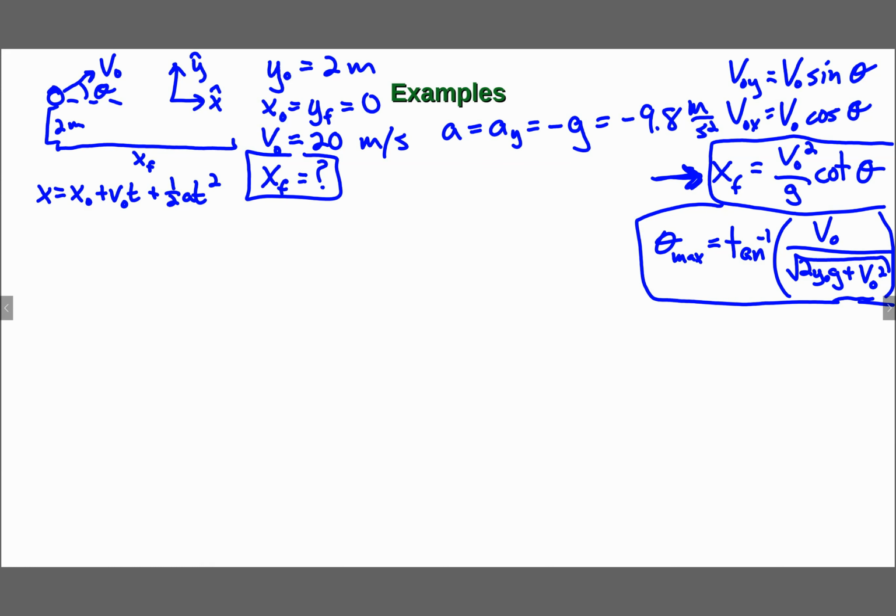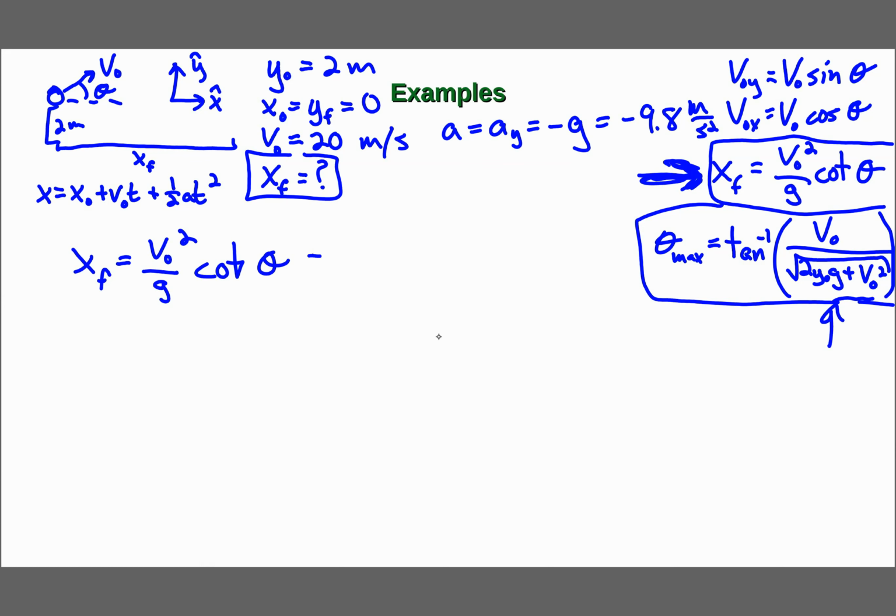So now remember that we had this expression right here for x f, but now we have an expression for tangent of theta, right? It's the stuff in here. So 1 over that, or that thing flipped, is cotangent theta.